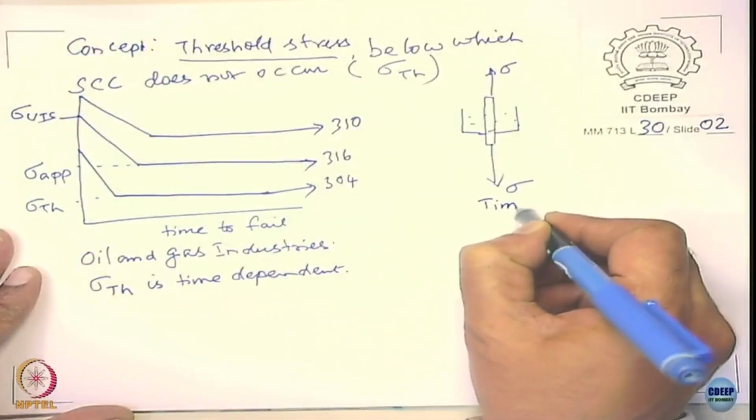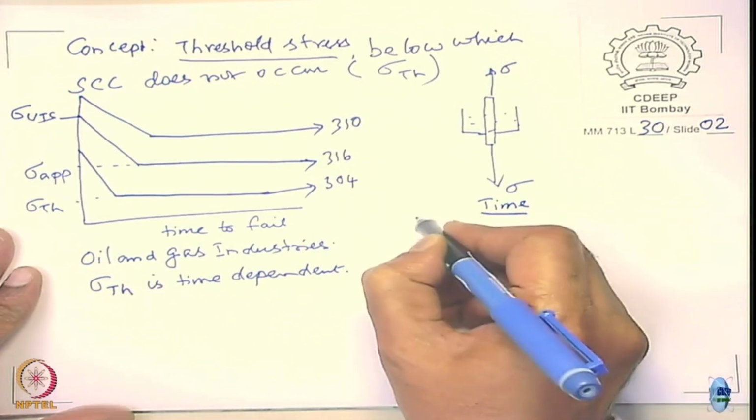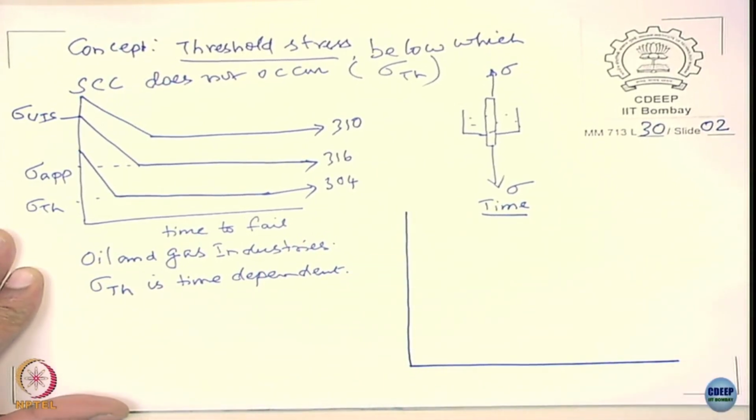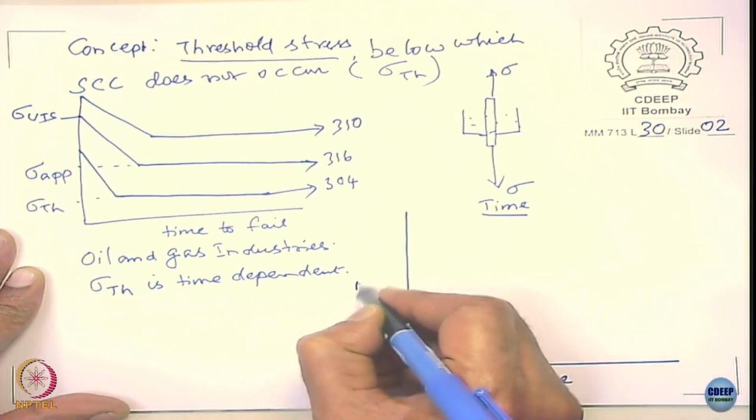Let us look at the time. With the time, what things are happening? What really happens with the time? This is the time, and this is, we can say, extension.